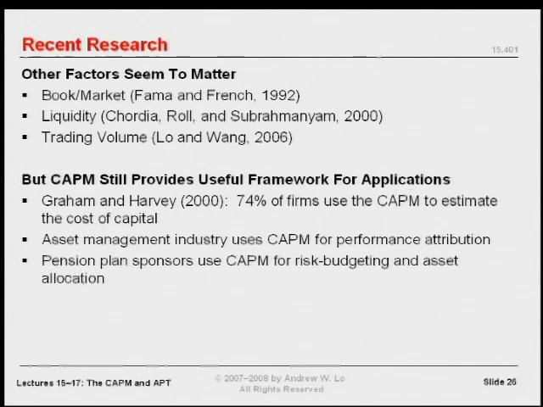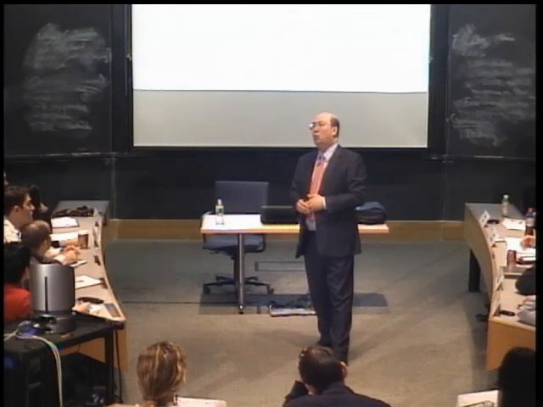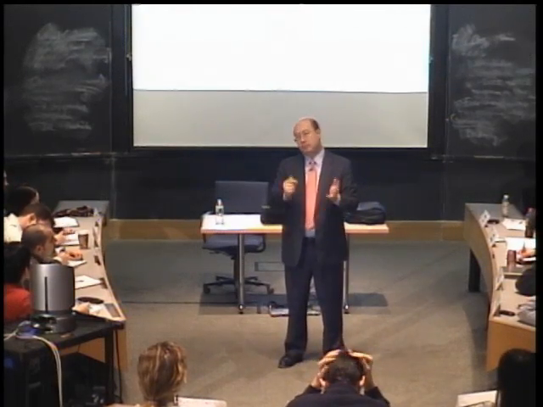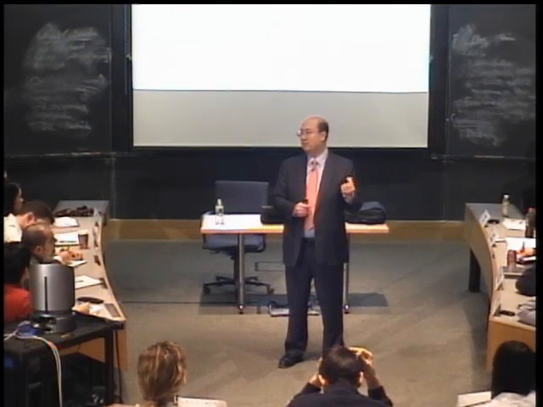There are other factors like book to market, like liquidity, like trading volume, that seem to also add to the explanatory power of these kinds of relationships. So where we're at today is that we think there are multiple betas out there, not just one market beta.